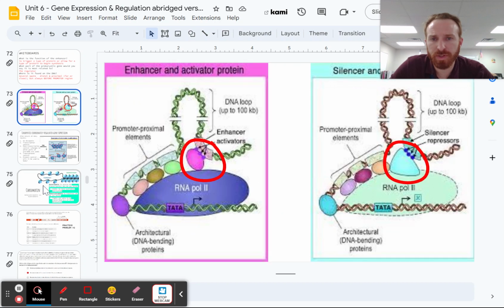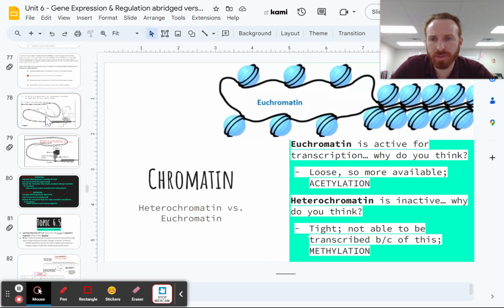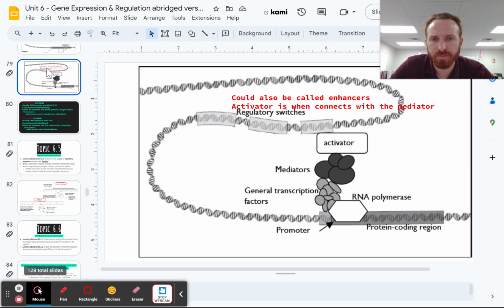We move down to these regulatory switches in eukaryotes, also called enhancers. They connect to the mediators. These are these things right here. Those have to be there to make the gene be transcribed in eukaryotes.